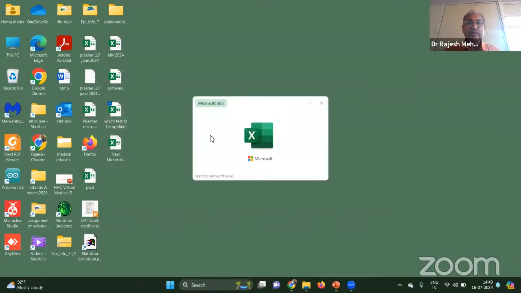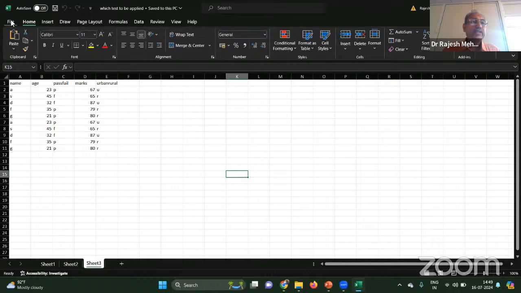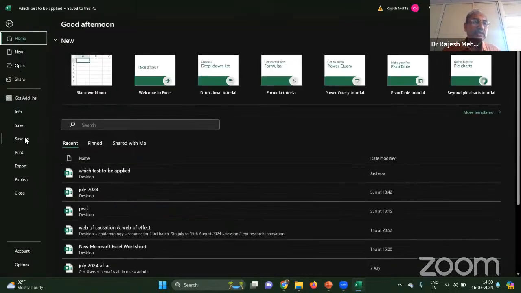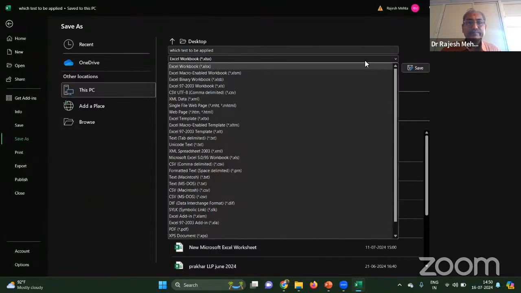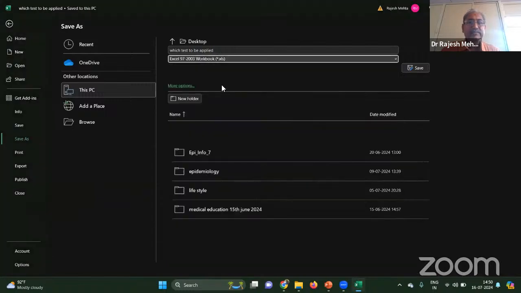Now, when you use this file, it is better, if possible, to save it as a lower version, XLS, to avoid any problem, and give it a name.